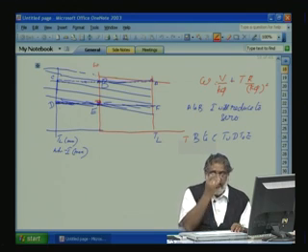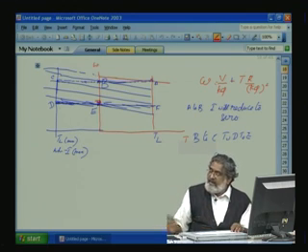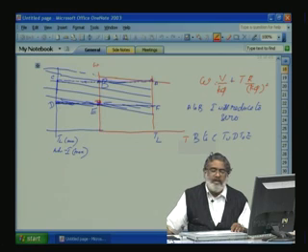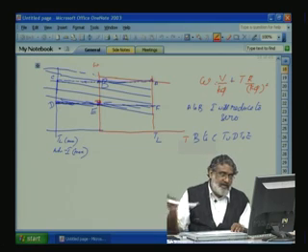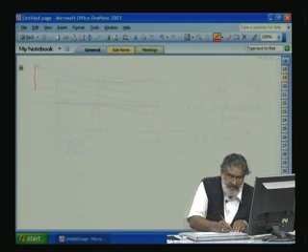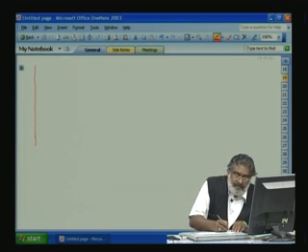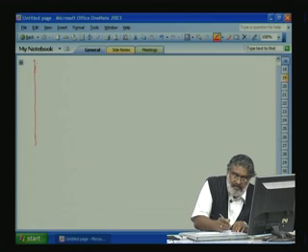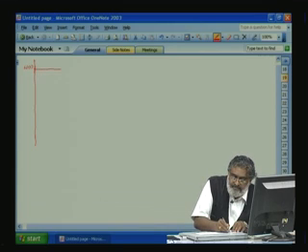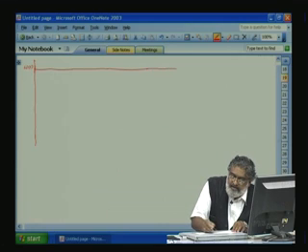So, this is how we have to do the thing, but with respect to time, a typical torque speed curve is how it looks. Let us take this as our speed N, this is the x axis for the speed.